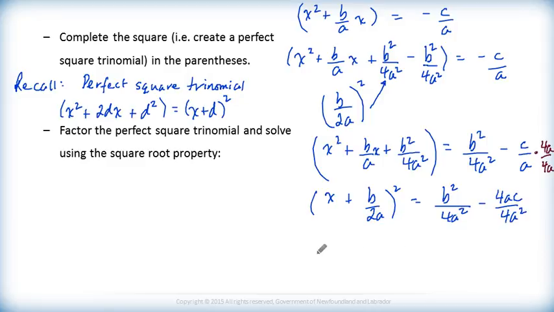So I've got x plus b over 2a all squared equals b squared minus 4ac all over 4a squared. We have another slide to go yet.